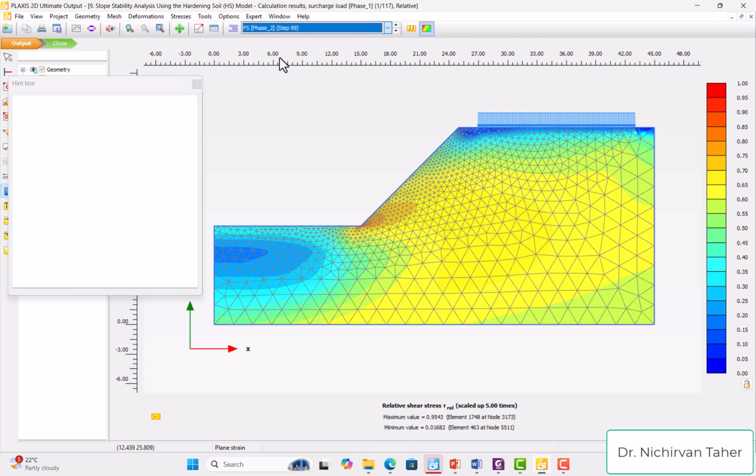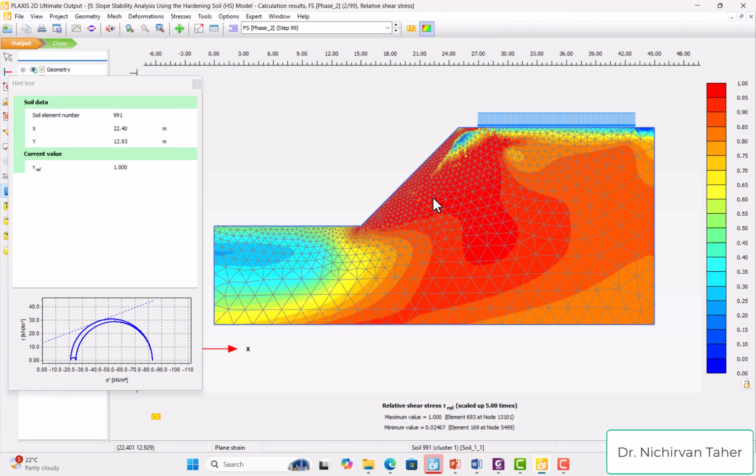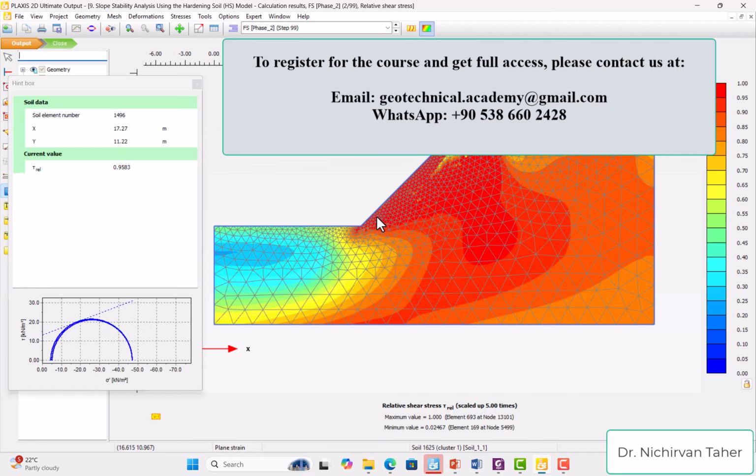This is because in the safety analysis phase, Plaxis automatically reduces the shear strength parameters of the soil until the soil fails. So that's why in here we can see the relative shear stress at some locations is equal to 1 or near 1.